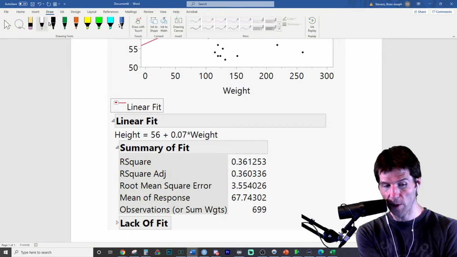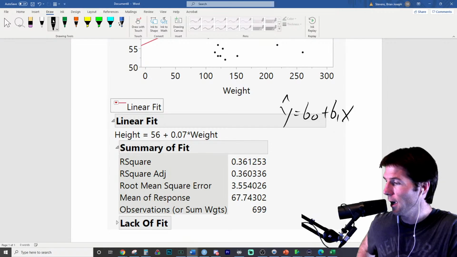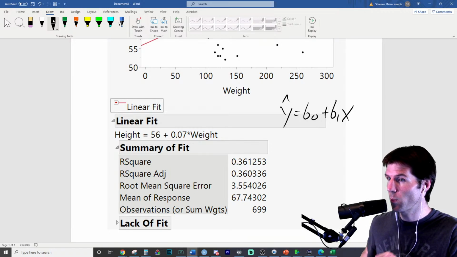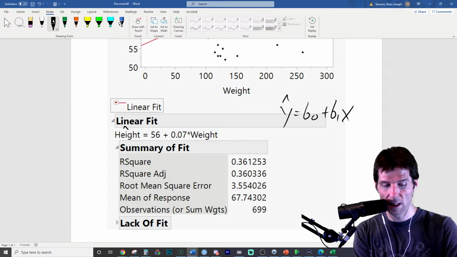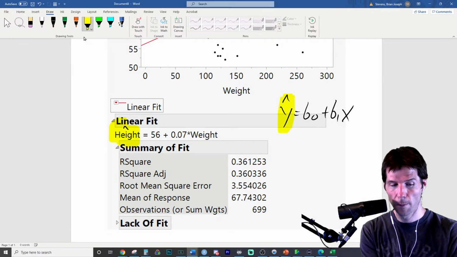So we always want to remember the regression equation is y hat equals B0 plus B1x. And so the intercept is going to be 56. The y variable will be height. So that's the predicted value we're doing right here. We're predicting height. Let's highlight right here: height is the predicted value.